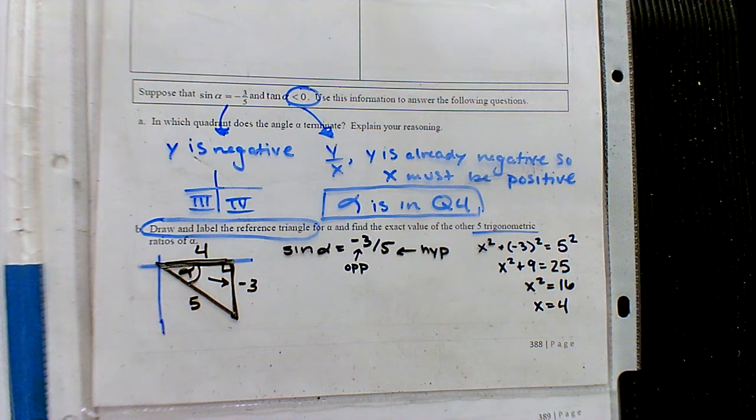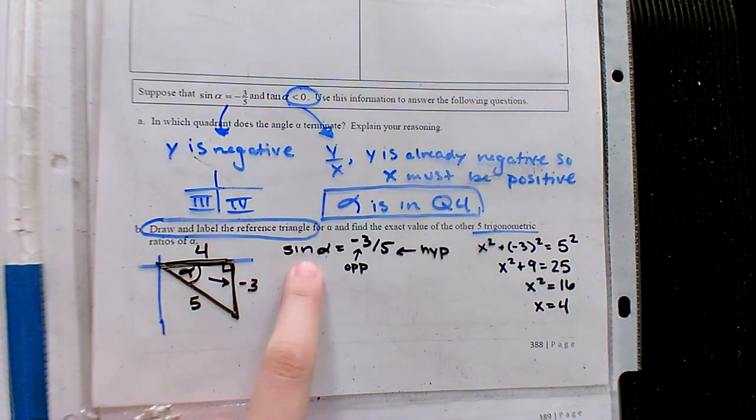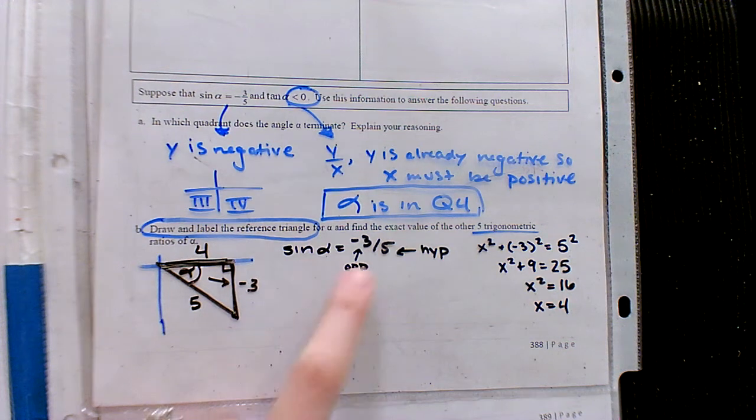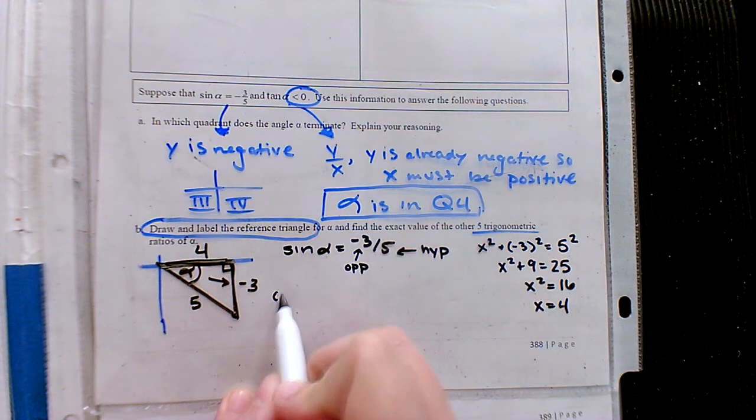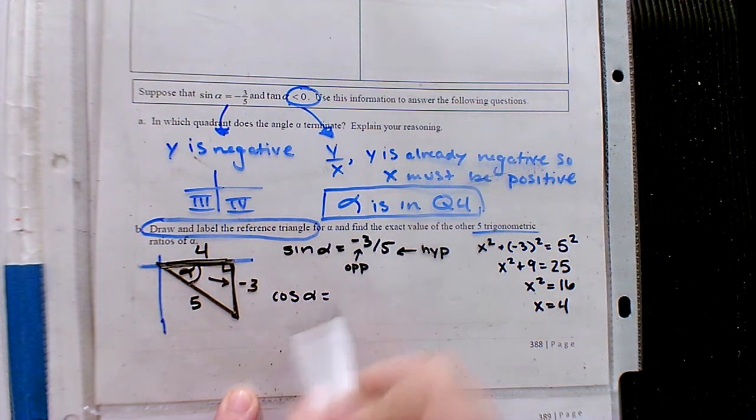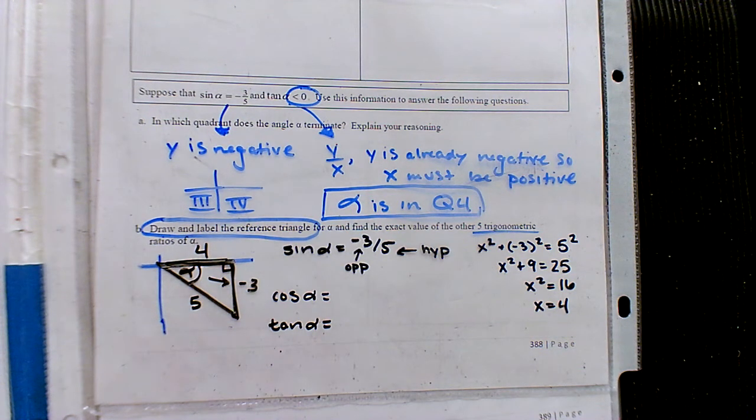All right, so we have all 3 sides filled out. We should now be able to figure out the other trig ratios. The sine of our angle alpha was already given to us. Let's try the cosine value and the tangent value. On the unit circle, I know cosine represents an x value, but we are not dealing with a unit circle right now. We're dealing with a reference triangle. So we're going to have to utilize the SOHCAHTOA relationships. What would our cosine ratio look like?